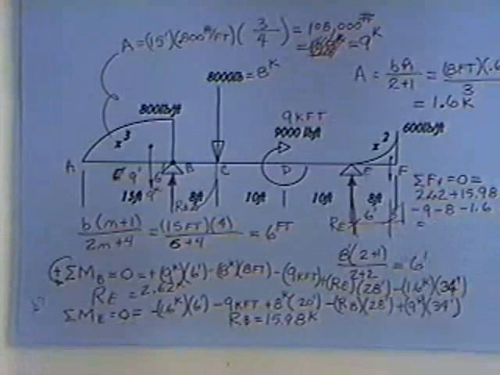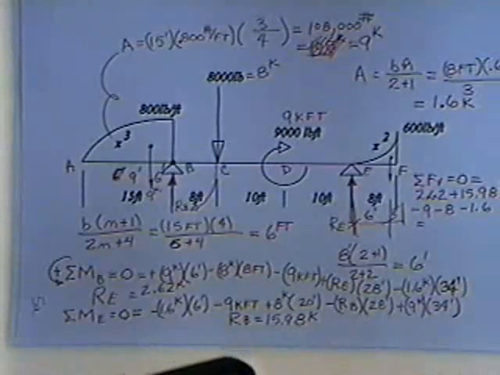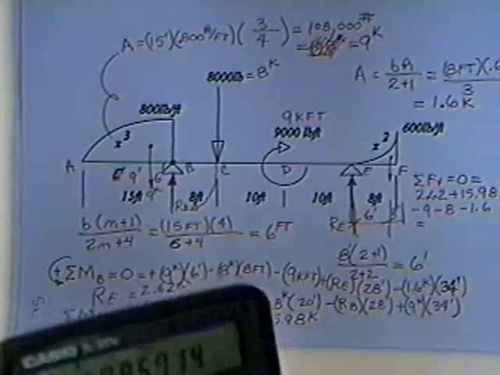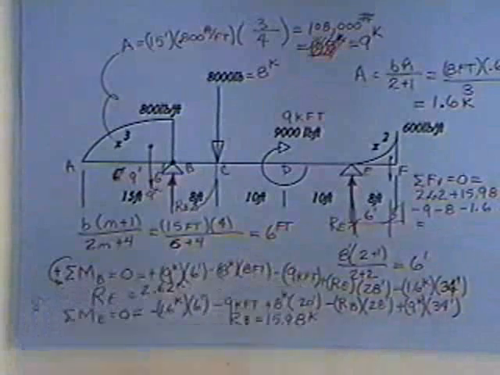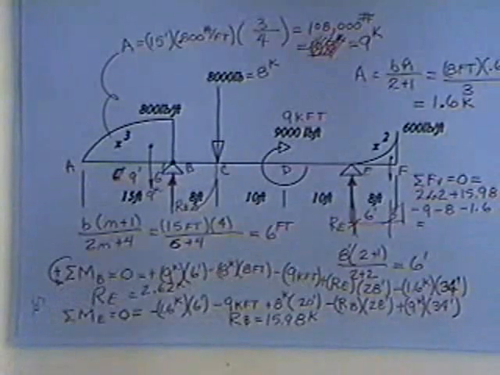Looks about right. 15.98 plus 2.62 minus 9 minus 8 minus 1.6 equals close enough. If it's not, of course, there's no sense in designing the beam without the right reactions on it.